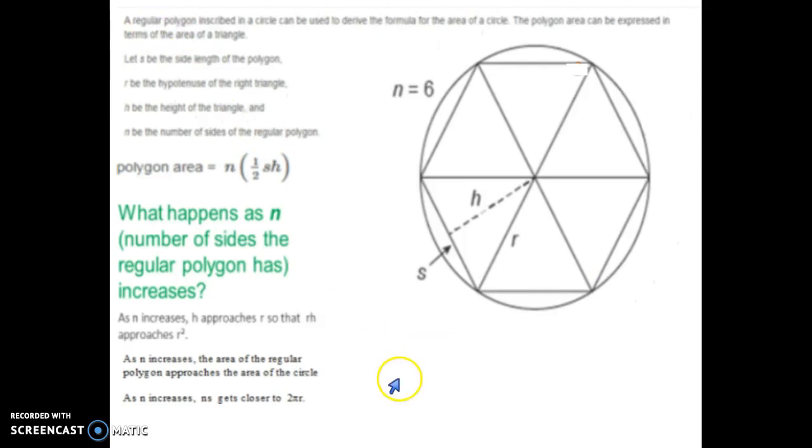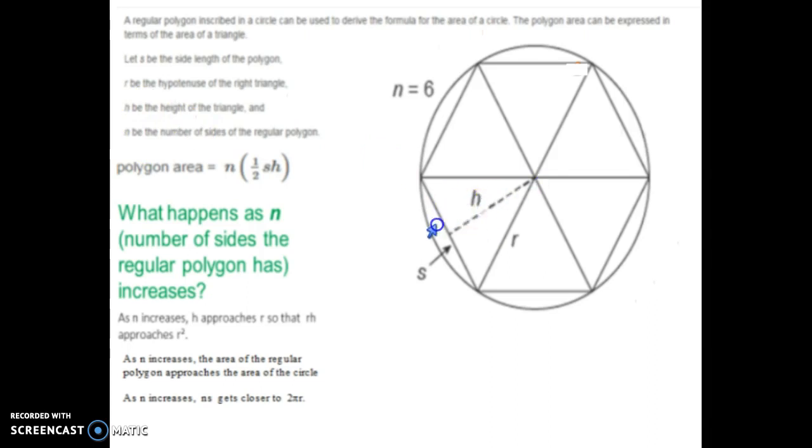They're also going to ask you about how the area of a polygon relates to the area of a circle. And so if we look at, they've done a polygon inside the circle with 6 sides. So n is the number of sides. There are 6 sides. R, here is our radius, and it's also the hypotenuse here of this right triangle.